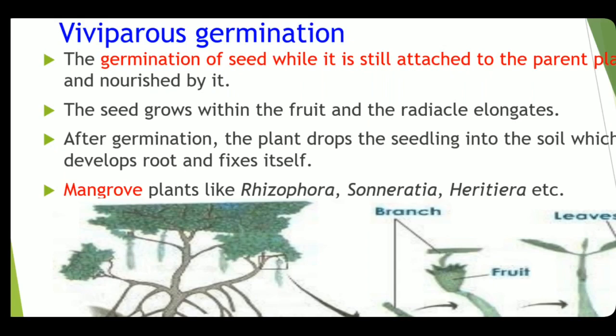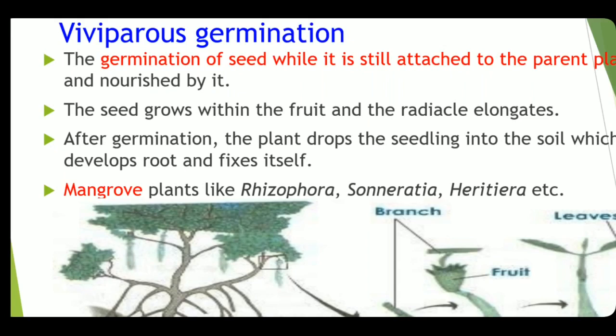In such germination, the plants have their fruits as normal, but the difference is that such fruits have seeds which start germinating while still attached to the fruit. That is why it is called viviparous germination. It means that the seeds start germinating while still attached to the parent plant. It is not going to fall down first; first of all, it germinates there.